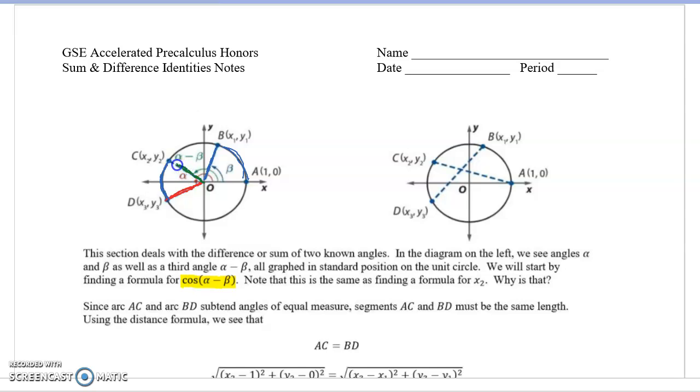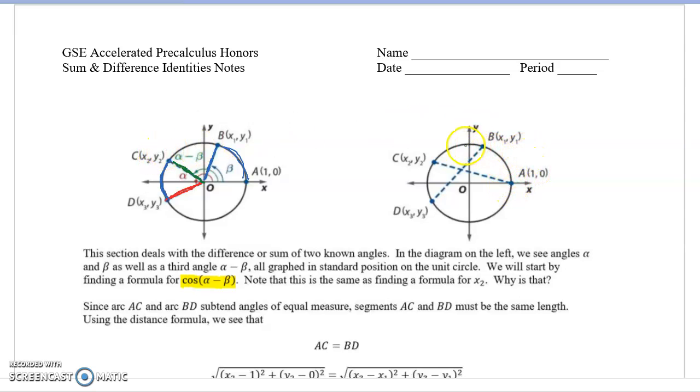Okay, so the goal is to come up with an equation for cosine of alpha minus beta using the fact that we know about alpha and beta separately, and then we can kind of work our way to the alpha minus beta bit. All right, so the trick to this problem is what we're going to look at is alpha minus beta in two different places. One in standard position.